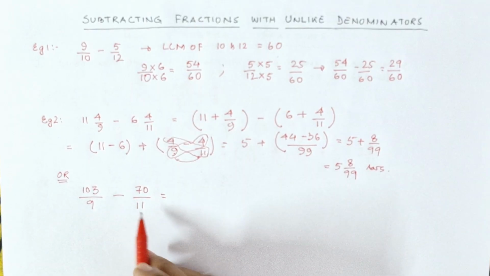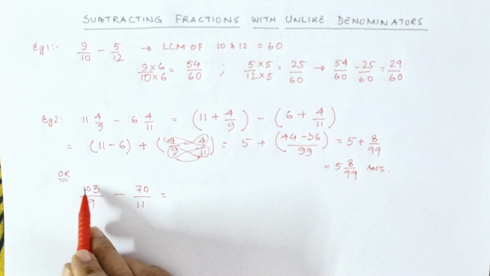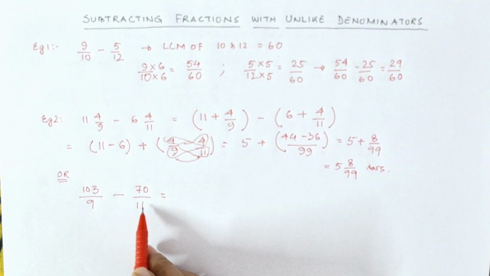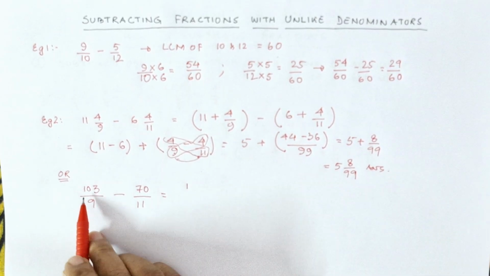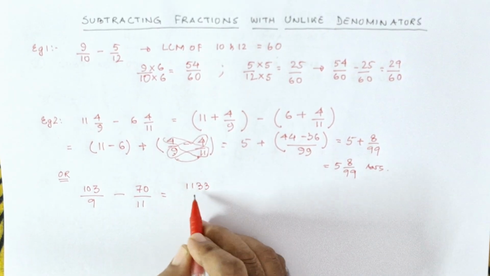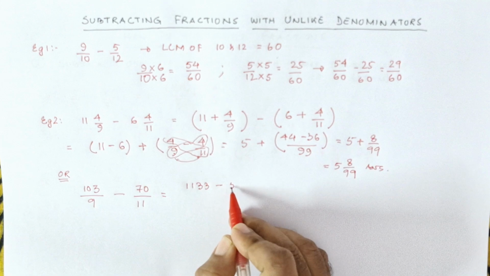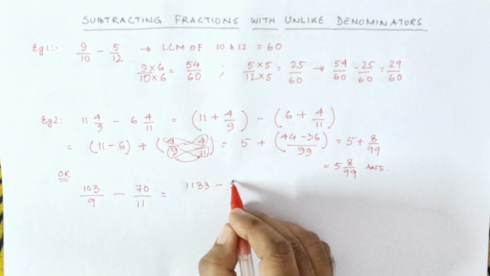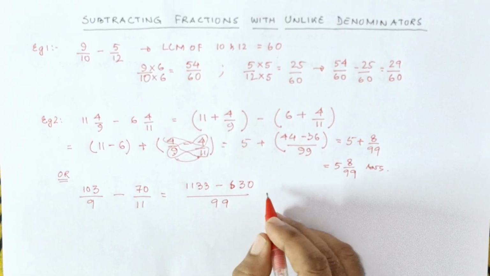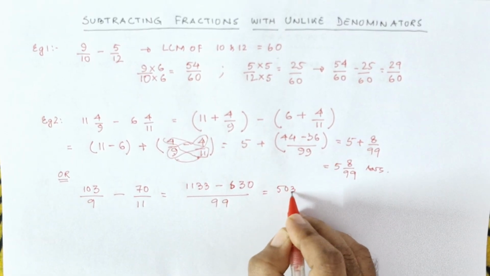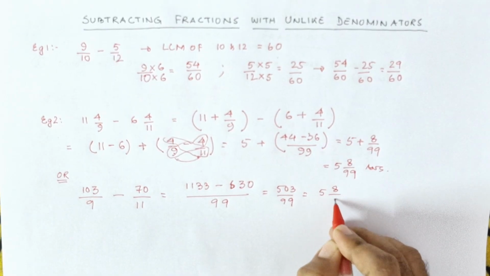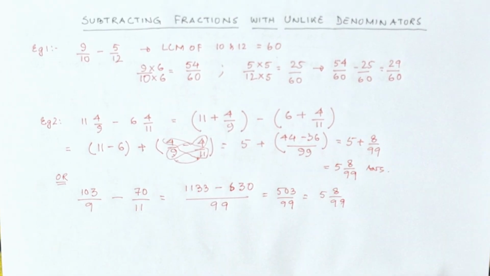So let's see, with the butterfly: 103 into 11, 70 into 9, and divided by 9 into 11. 103 into 11 is 1133, minus 630, divided by 99, it becomes 503 by 99, which leads to 5 whole 8 by 99. So you can follow either of them.